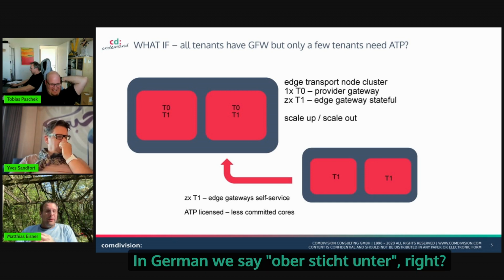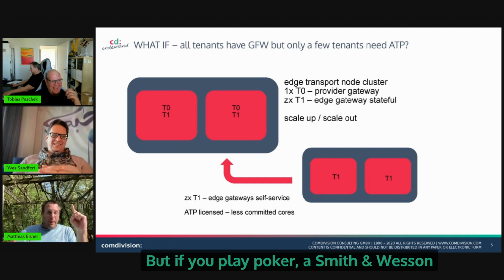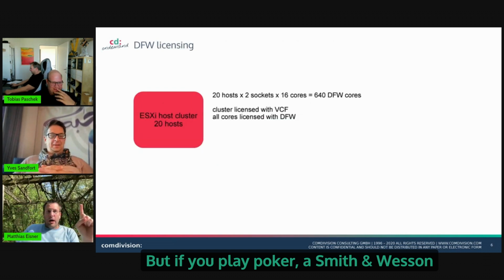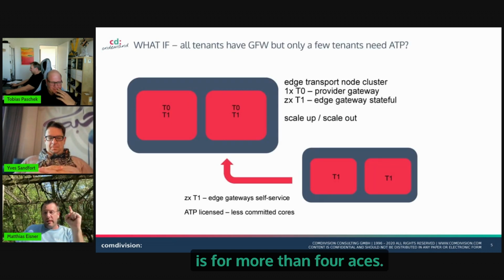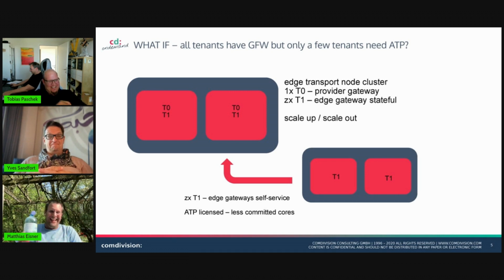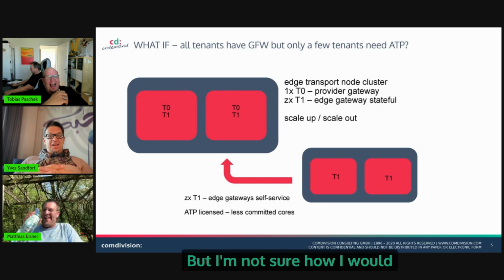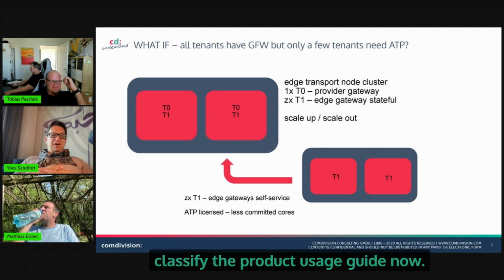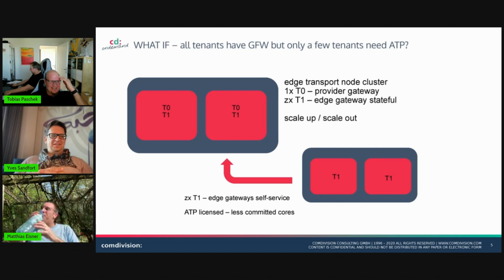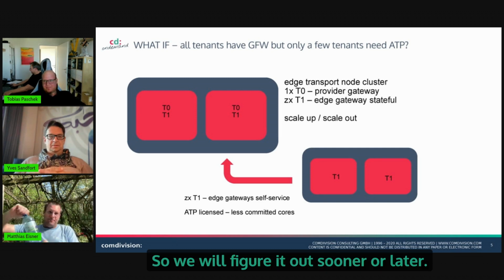In German we say Ober sticht Unter, right? But if you play poker, a full house is more than four aces. I'm not sure how I would classify the product usage guide now. So we will figure it out sooner or later.